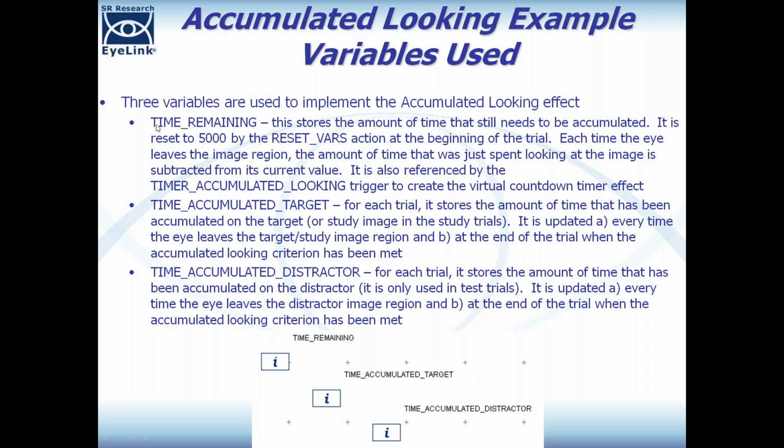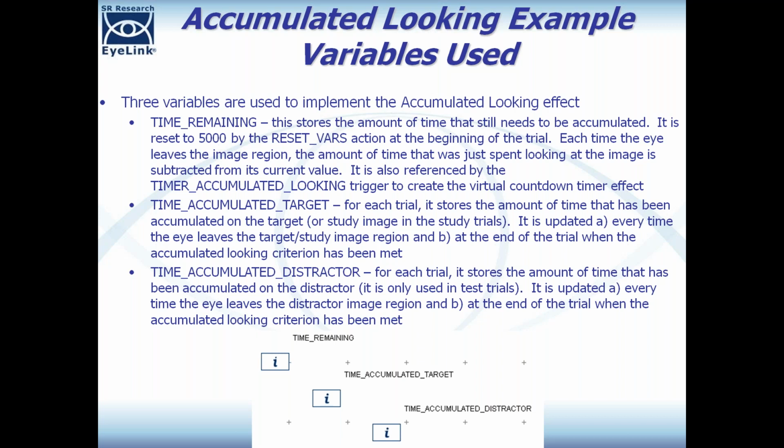The first one is called time remaining. So that's this one here. And this is going to store the amount of time that still needs to be accumulated on the trial stimulus for the trial. At the beginning of the trial, it's going to be reset to 5,000 milliseconds by the reset variables action, reset vars action.